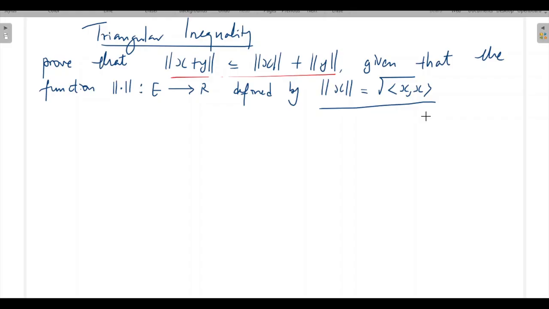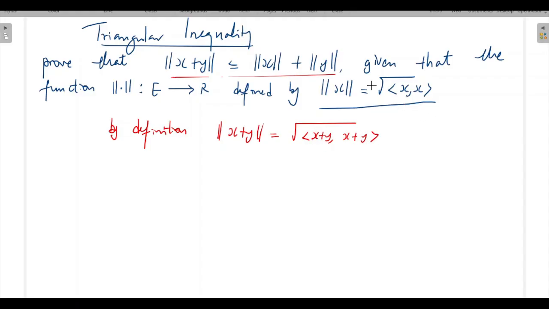Another thing I want you to know is that when you have something like this, we call it the inner product of x and y. Now, quickly, by the definition of norm, you agree with me that this is the same thing as the square root of x plus y, comma, x plus y.